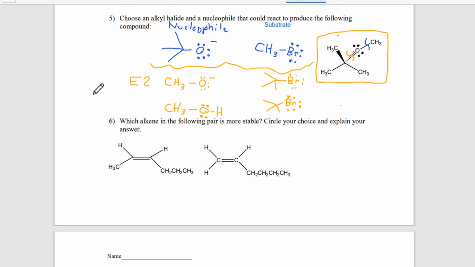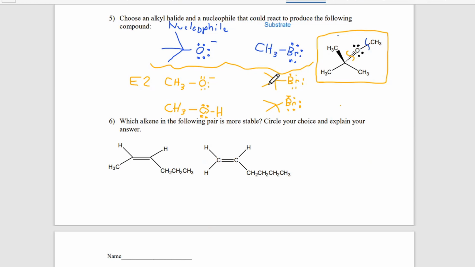Why would it get elimination rather than substitution? Any ideas? It's basically because, no pun intended, the tert-butyl bromide is sterically hindered.